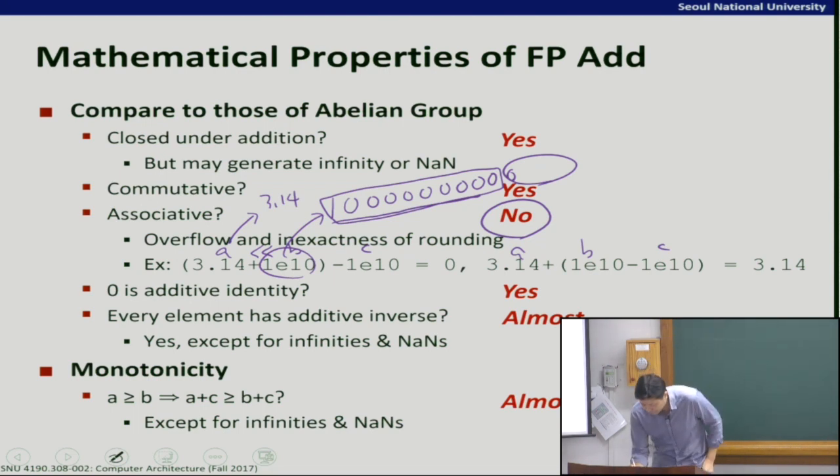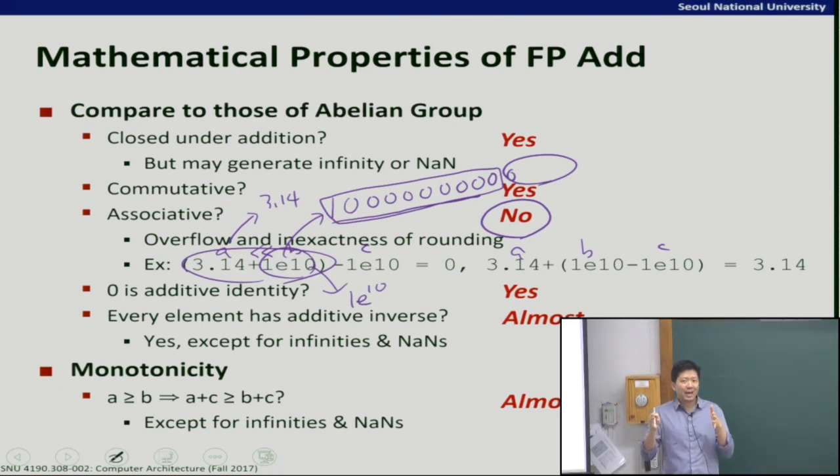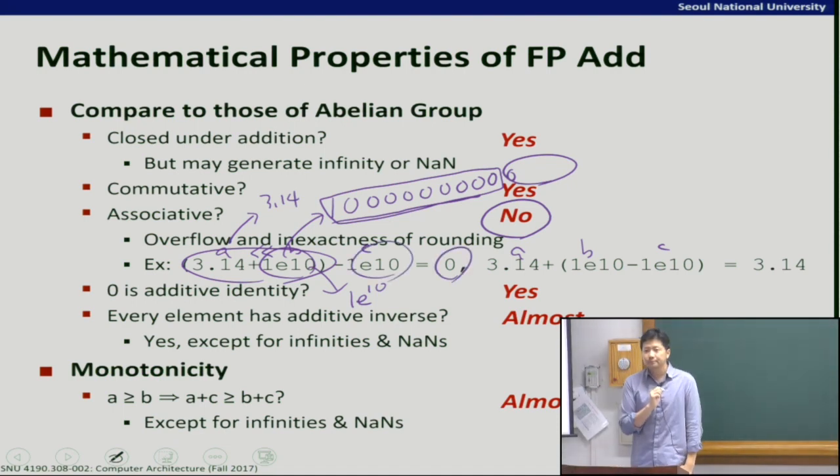So if we compute this and re-round, normalize this number, we end up getting the same 10 to the power of 10, because we don't have enough bits to pack the entire valid digits. Then if you subtract the same number, the result will be 0.